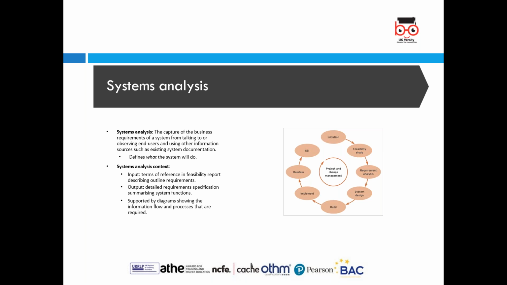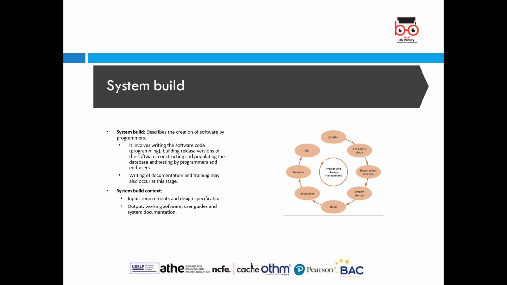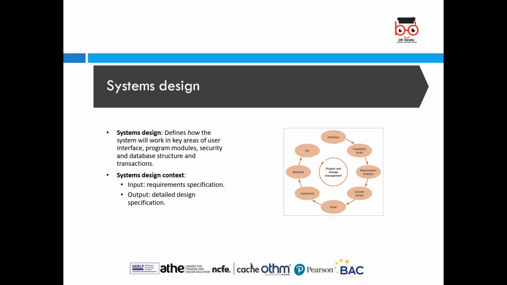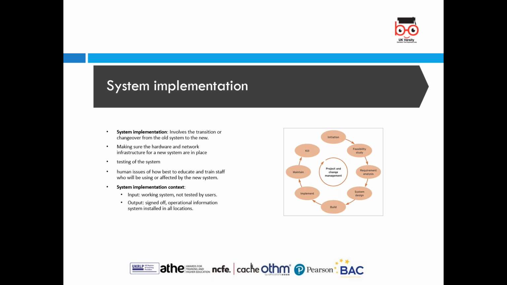So we have system analysis. After analyzing, we have design. After designing, we look into building, where we are developing the program. After building, we have to implement, whereby implementation involves transitioning or changeover from the old system to a new one.